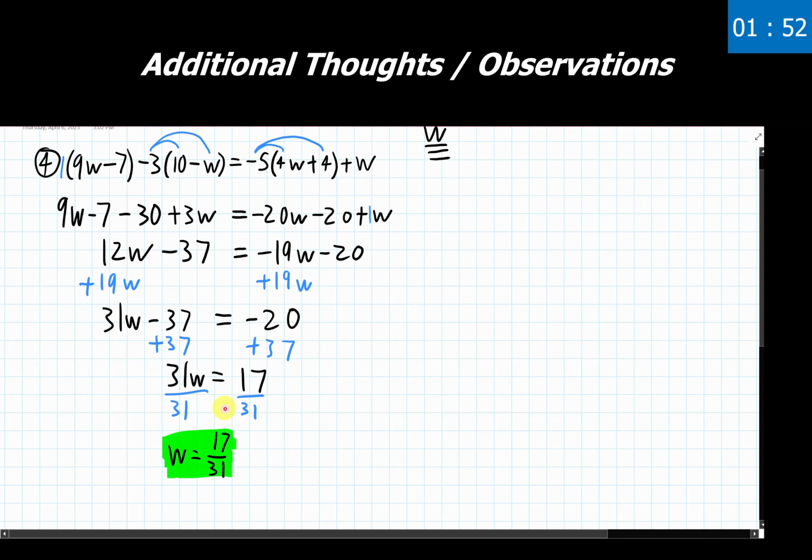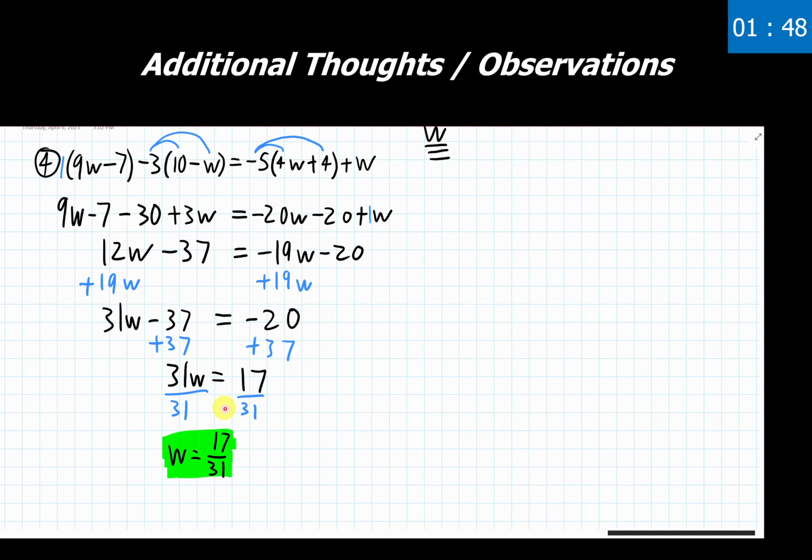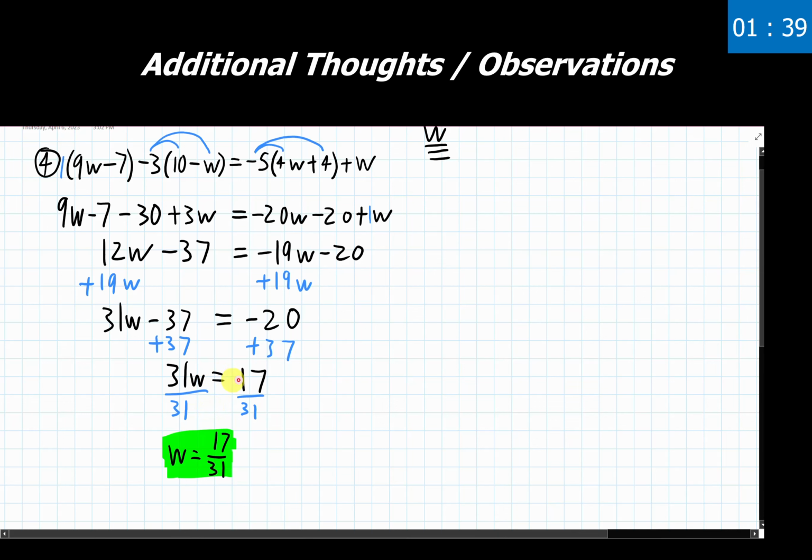What's really nice about this is we don't need to worry about potential sign changes that will show up if we divide by a negative number. Remember, dividing by a negative is always going to flip the sign of the number right before it. So if we follow this process, we don't need to ever worry about sign changes in our second to last step of our problem.